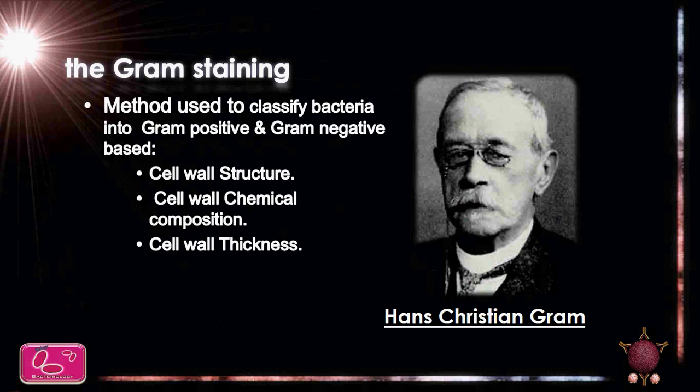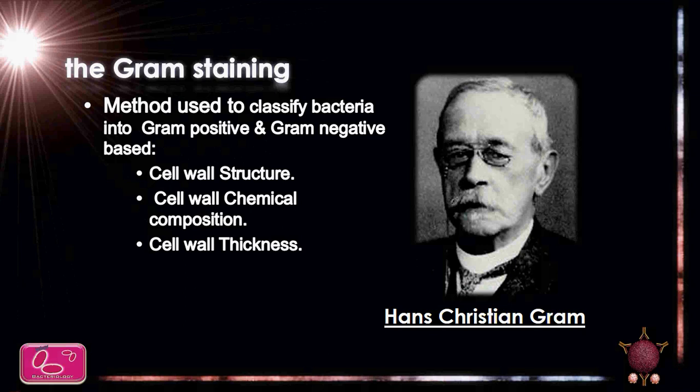The most important method is known as the Gram staining method, which is used mainly to classify bacteria into two big groups. As you remember from the introduction slide, the two categories we usually refer to are the gram-positive and gram-negative bacteria.